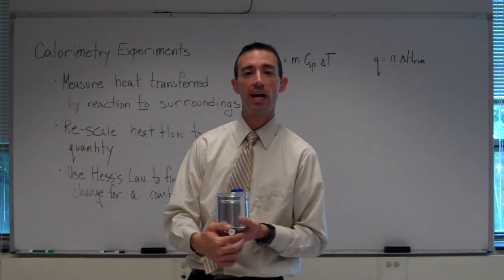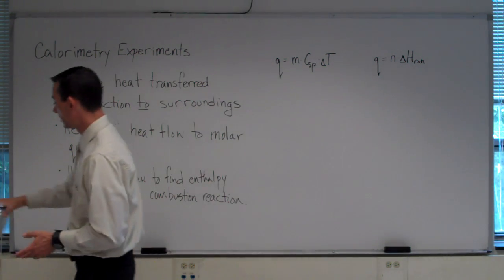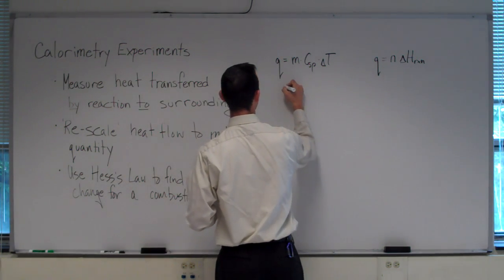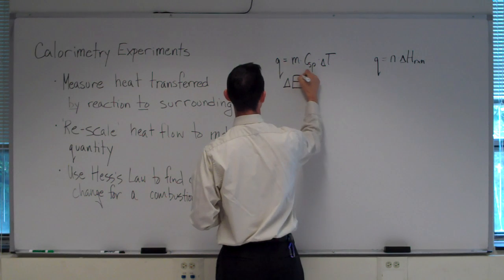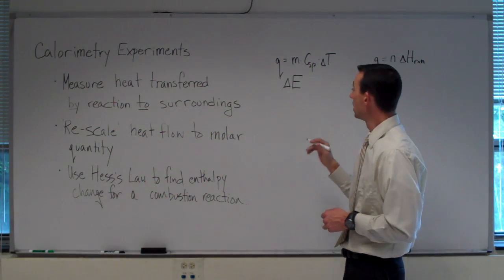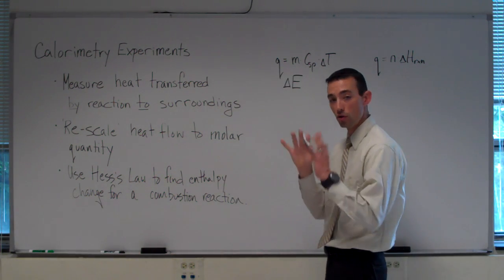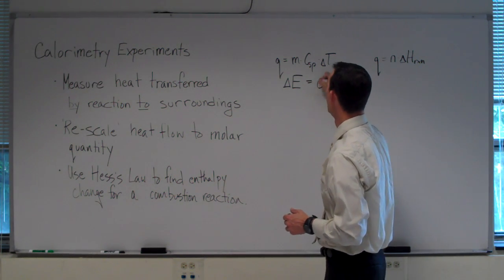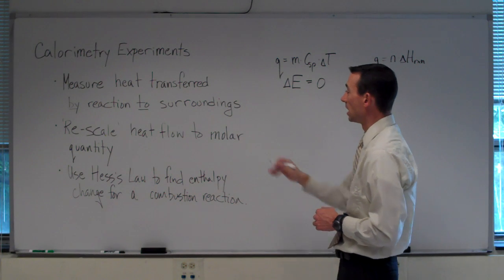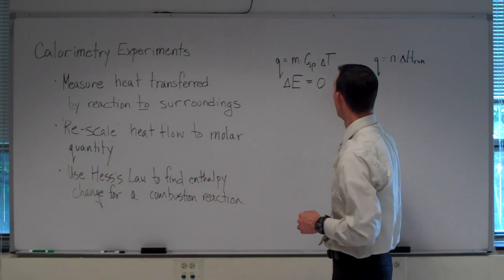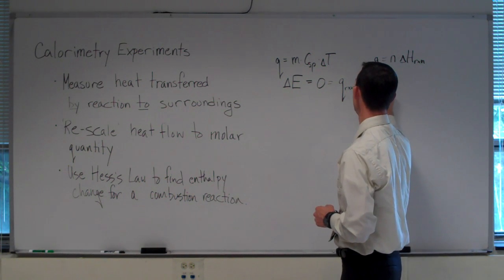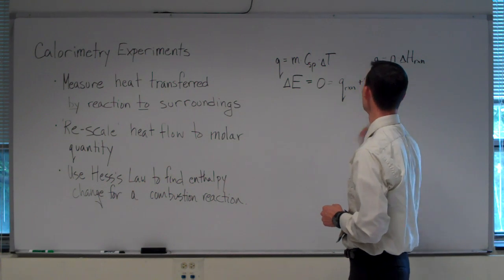So once we set up our calorimeter and realize that it is its own, again, little universe, the first law of thermodynamics says that the total change in energy of the universe, or of our calorimeter, is equal to 0 during any process. And if we look at this statement here, we will have heat being produced by a reaction and a heat change of our surroundings.